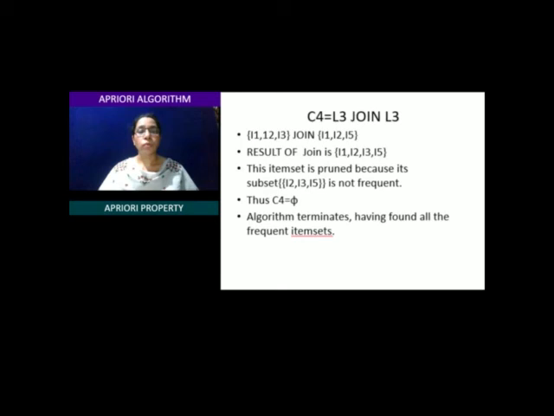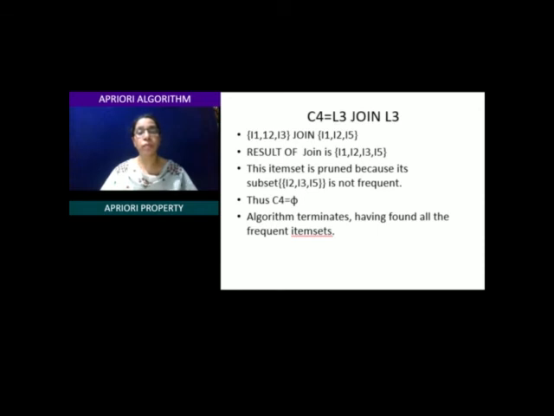So this is C4, but we are pruning by applying the a priori property. We can find that I2, I3, I5, which is a subset of this C4 item, is not in L3. L3 contains only I1, I2, I3 and I1, I2, I5.